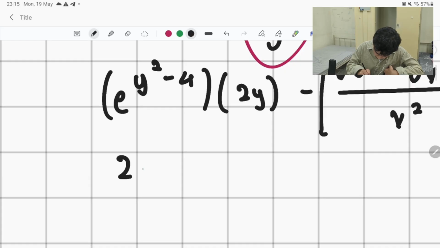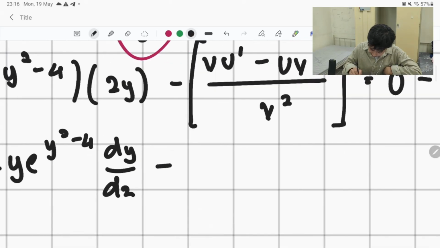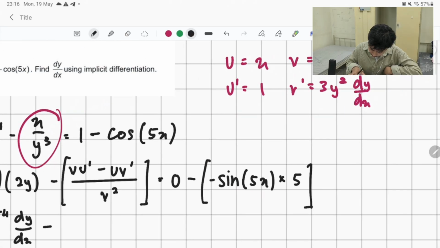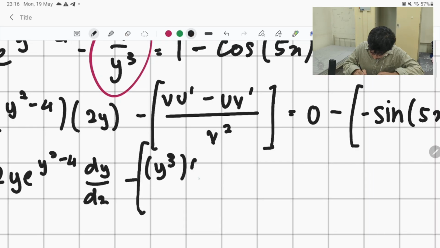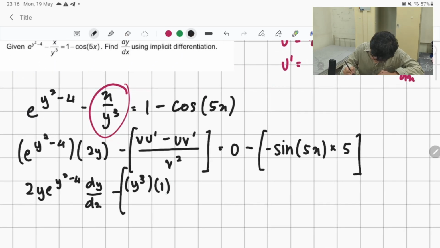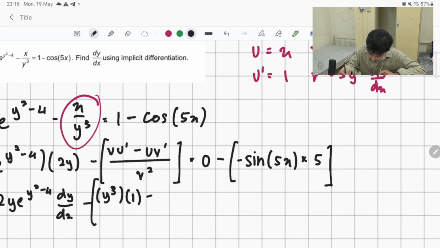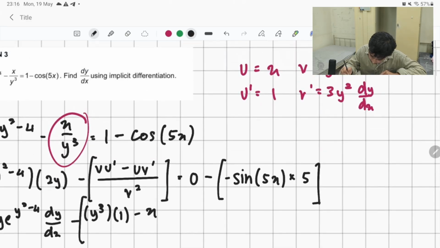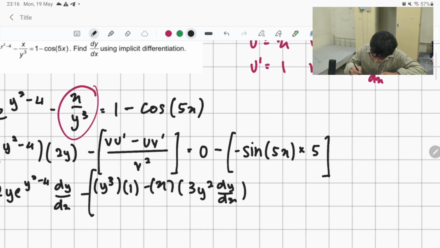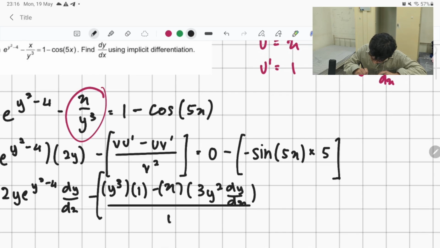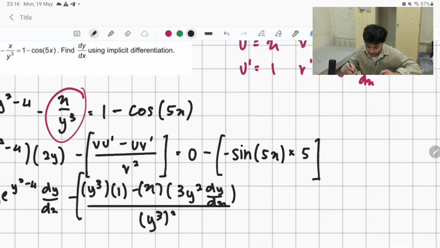We get 2y e to the power of y squared minus 4, dy over dx, minus v is equal to y cubed. u prime is equal to 1 minus u x, and v prime is 3y squared dy over dx over y cube squared.